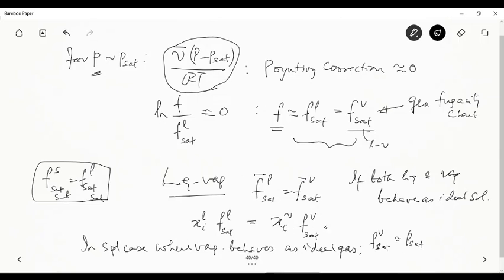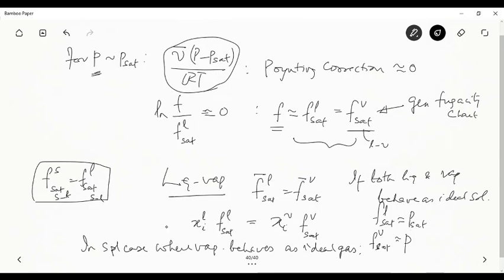In this case, this will actually be equal to the total pressure, not P sat, but P, and FL sat will be approximately equal to P sat, obtained from this expression where FL is equal to FV at the saturation condition. So this becomes equal to P sat.